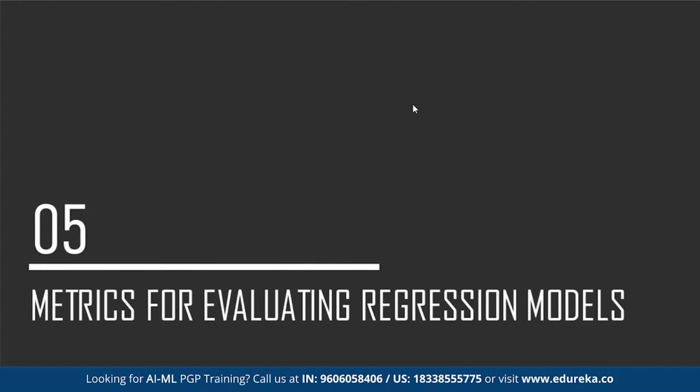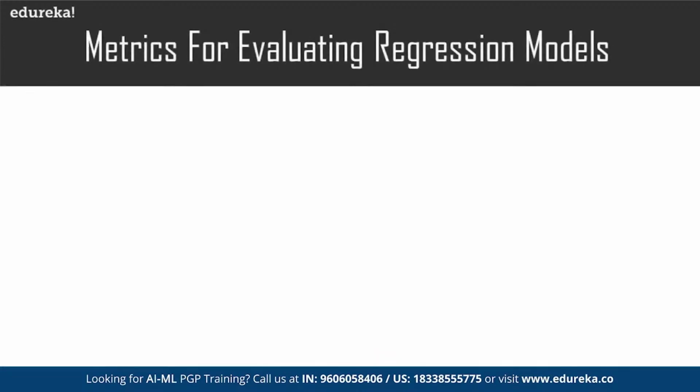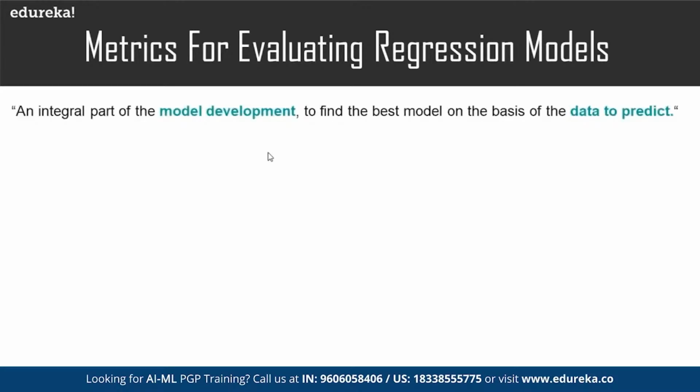And again, coming to such regression models, let's see what are the evaluation metrics we use to get the results of such models. In the industries, we see them predominantly chosen by the following metrics. It is an integral part of model development.